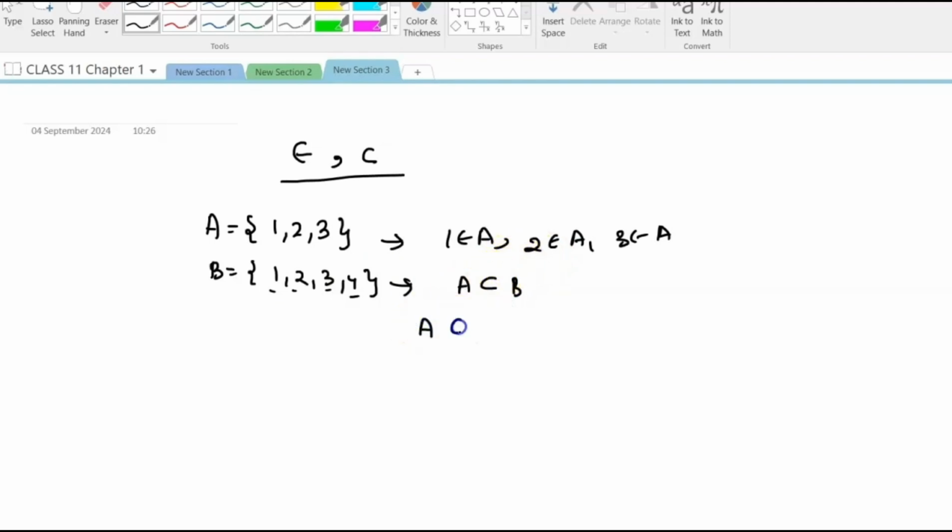But this does not mean that A belongs to B. Why? Because A is a set, not an element.